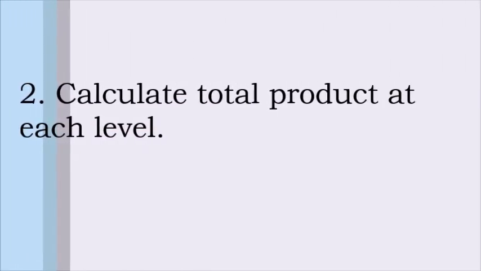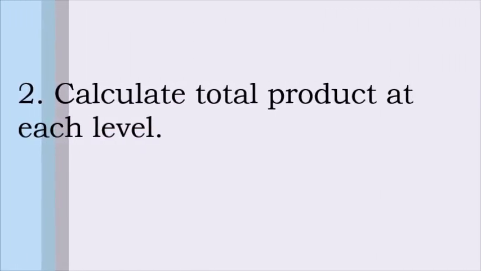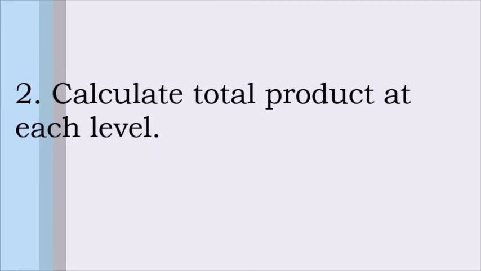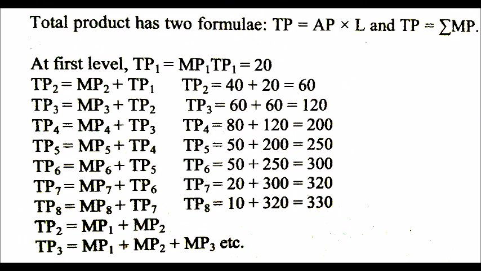So let's come to question 2, where I say we should calculate total products at each level. Total product has two formulae, as you know. We have TP equals AP times L, and we have TP equals the summation of MP.